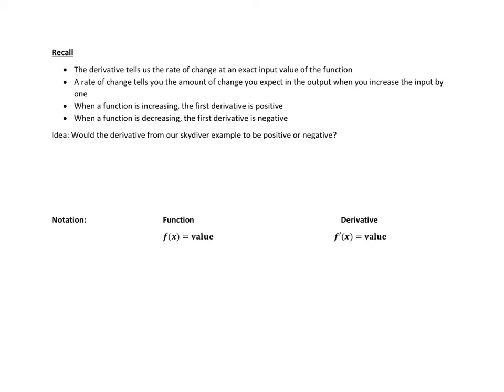When a function is increasing, the first derivative must be positive, and when a function is decreasing, the first derivative is negative. So do we think the derivative from our skydiver example would be positive or negative? I would say it would have to be negative. And the reason is the distance was what the function is. The distance between the skydiver and the ground would be decreasing, so therefore that function would have a negative derivative.